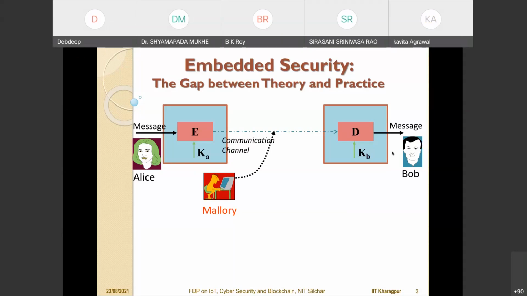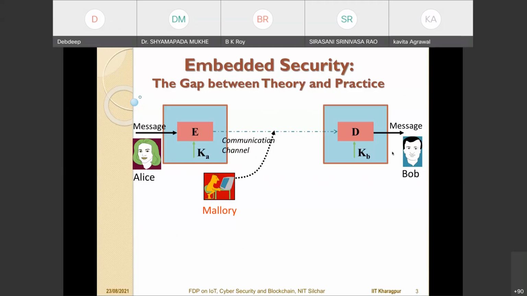These techniques take the input and convert it into a sort of gibberish text, which is hard for Melody to understand. And using certain principles or primitives, they also try to ensure that any modification that Melody does is detectable by Alice or Bob. So this is the classical picture of cryptography.